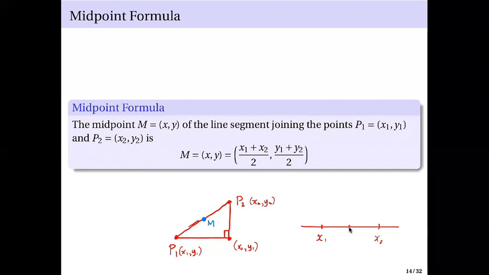The middle is exactly the average between x1 and x2, correct? The average is calculated by adding the 2 and then dividing it by 2. So you have x1 plus x2 divided by 2.